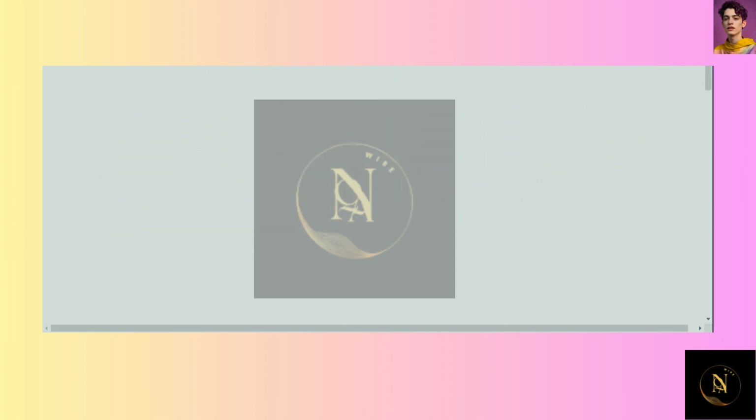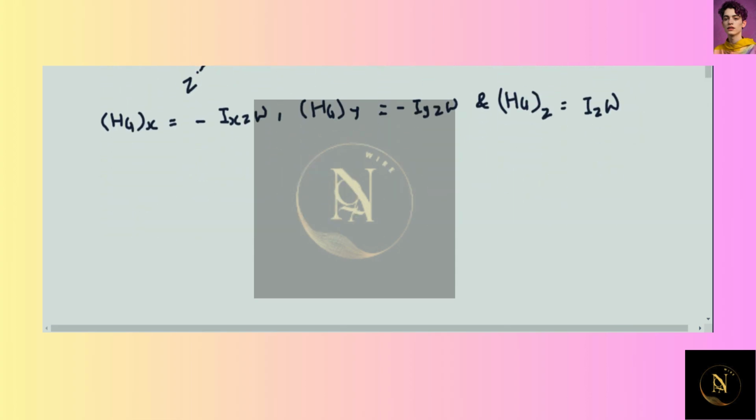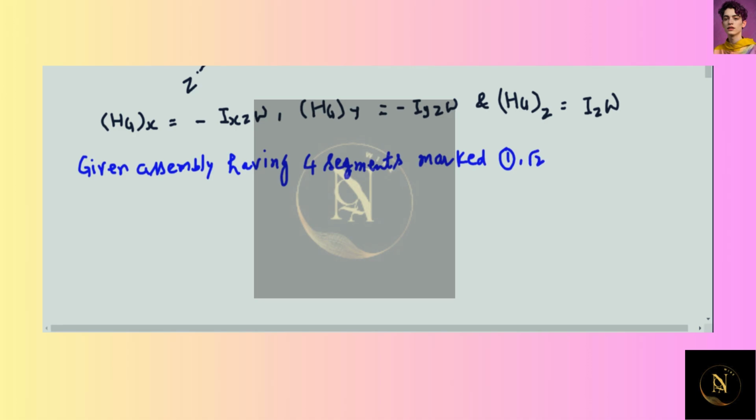So I am writing here, the given assembly has 4 segments marked 1, 2, 3 and 4.